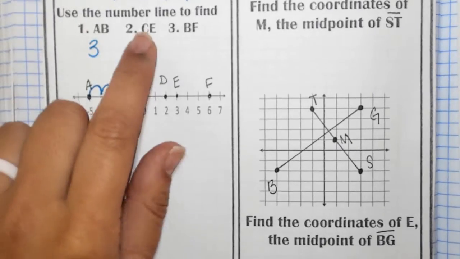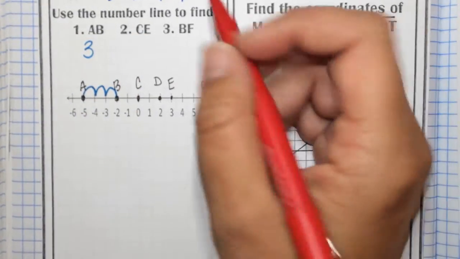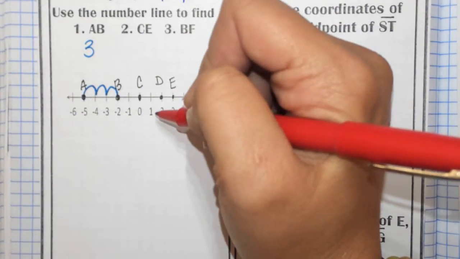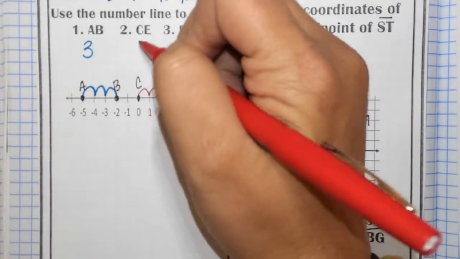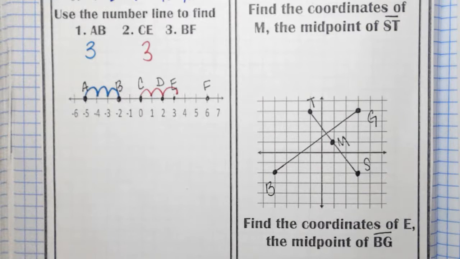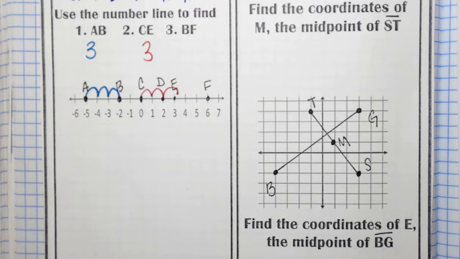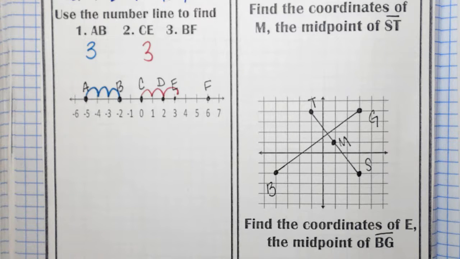Alright. So, C to E. How many? 1, 2, 3. Look at us go. Man, wasn't that difficult. Can you find B to F without me? Yes. Don't yell it out. Find B to F, and then write it down.